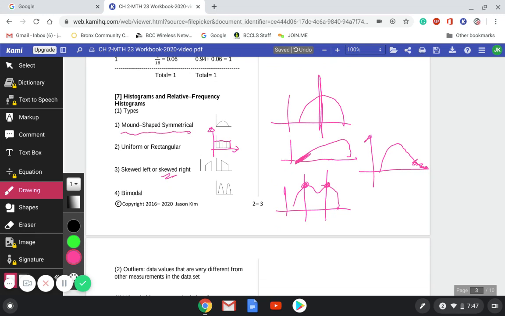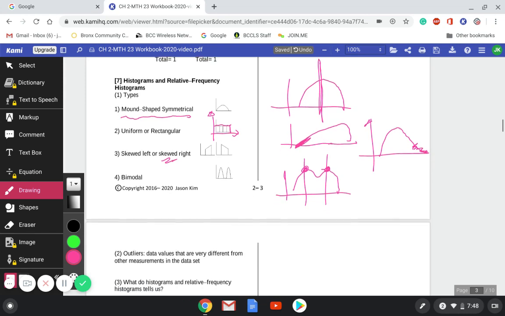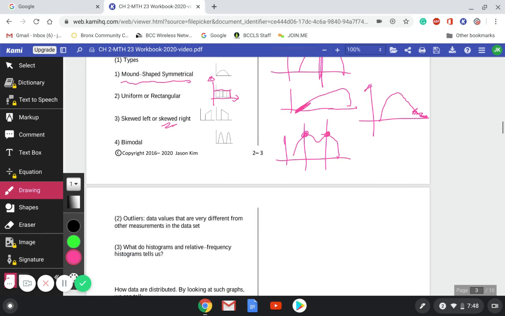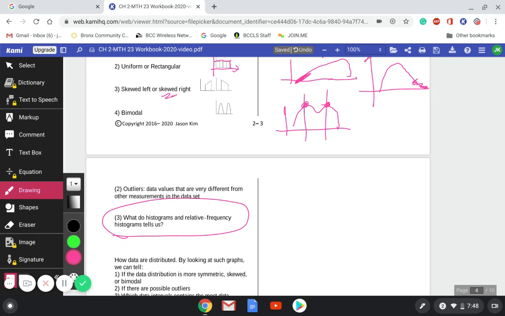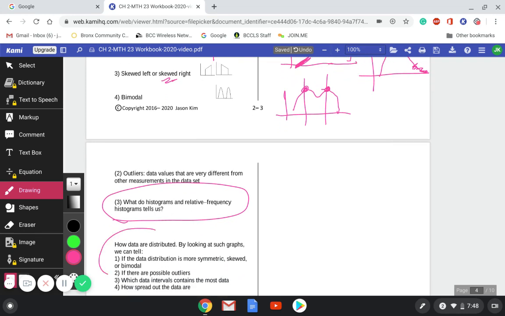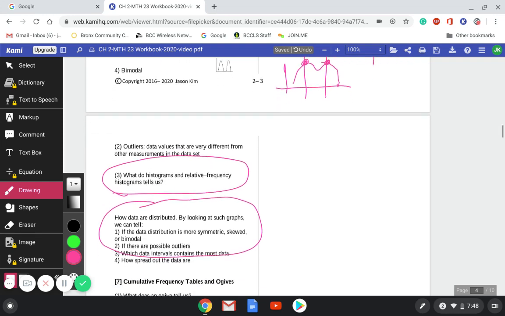The histogram or relative histogram is telling how the data look, where more things go. So again, what do the histogram or relative frequency histogram tell us? It tells us how the data is distributed.